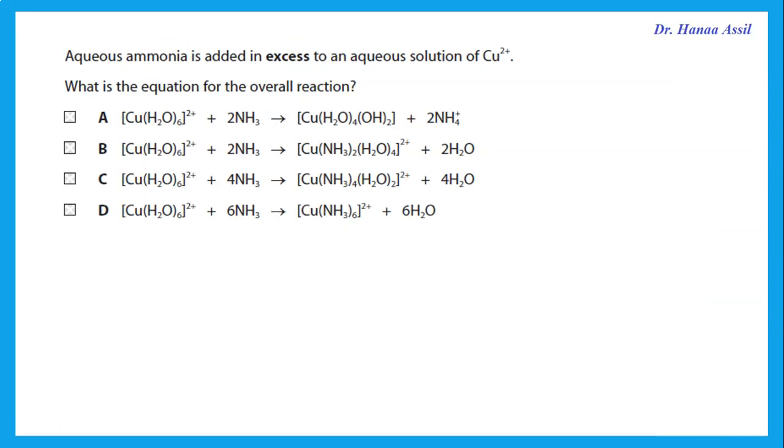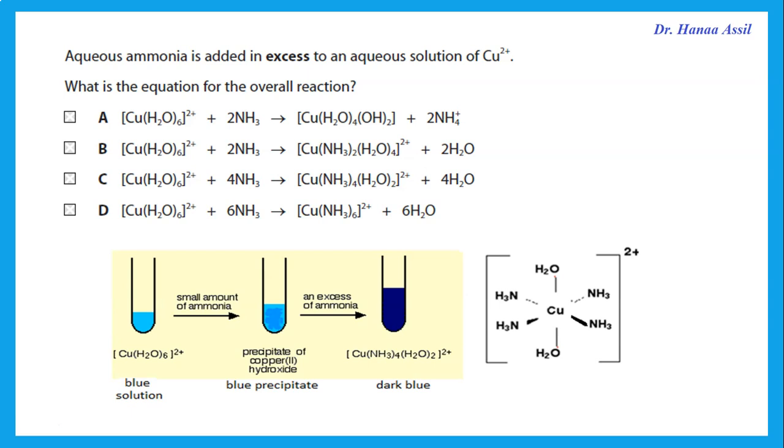Aqueous ammonia is added in excess to aqueous solution of copper 2 plus. We should know that copper 2 plus, when we dissolve it in water, forms the copper 6 water complex. So we are starting with a solution of copper 2 plus, that means we're starting with the copper water 6 complex. Now you should know that when I add a small amount of ammonia, we get a blue precipitate.